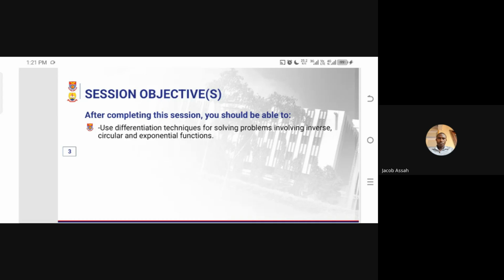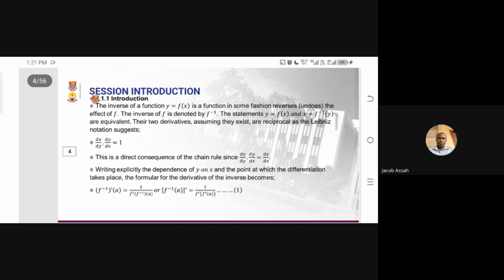We've done how to use the differentiation technique to solve for inverse. So this time we want to apply circular functions. Circular functions are the trigonometric functions: sine, cosine, tangent, and exponential functions, natural log, logarithm functions, and then link. That is the whole idea.